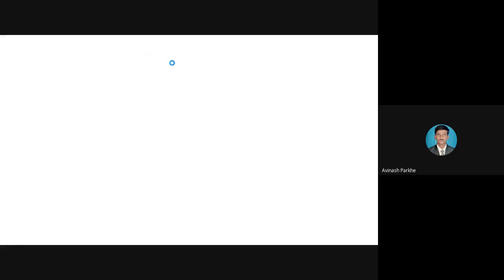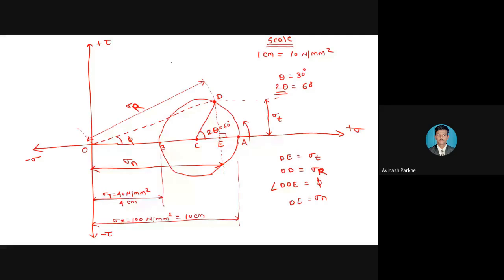Tell me the value. Distance OE. How much distance is there? Maybe sometimes you will get some different distance. All the answers should be near to each other. Measure the OE. Distance between point O and E. What is your value in centimeter? 8.5.